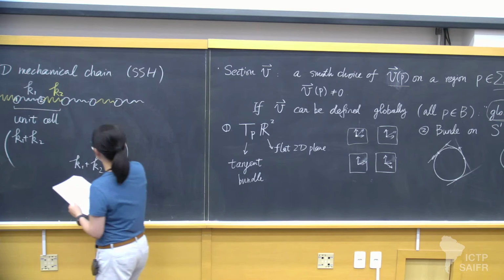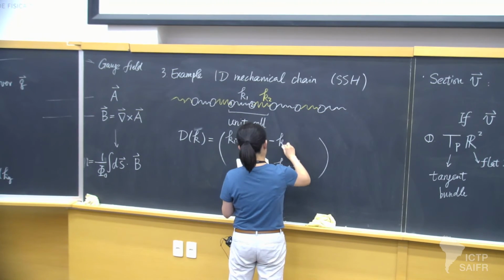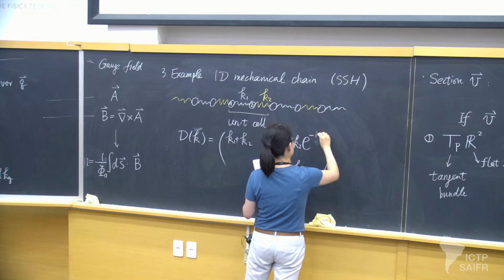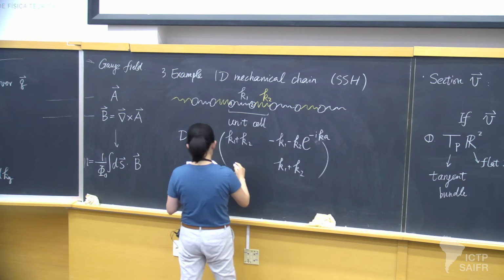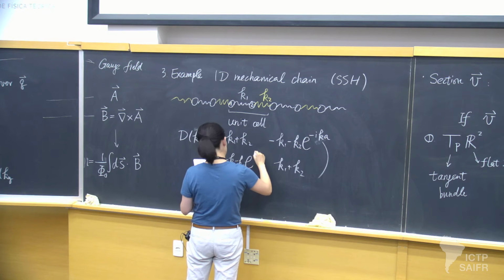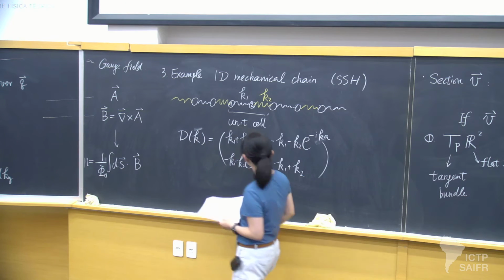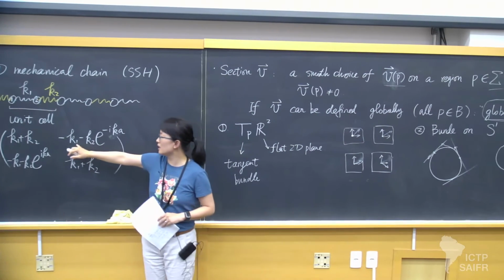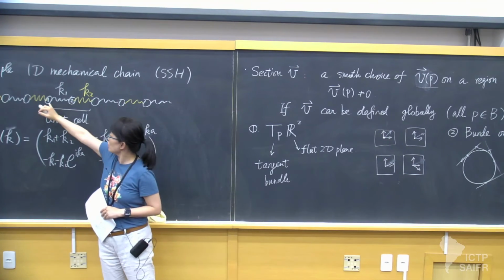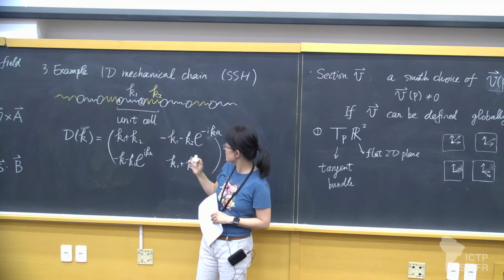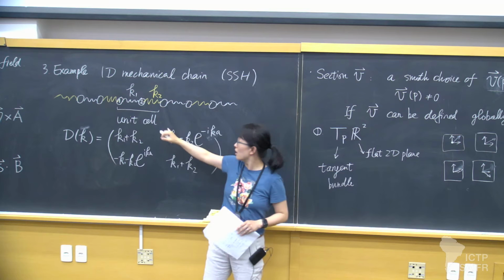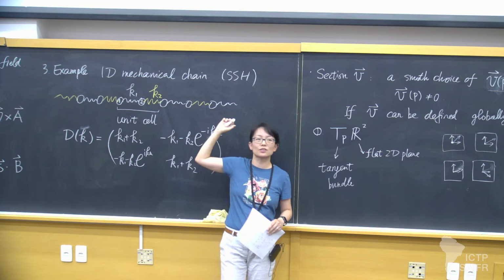And then the off diagonal, okay? So basically, you can see that the cross term between U1 and U2 is both this K1, which is within the unit cell, and the K2, which connects to the next unit cell, right?